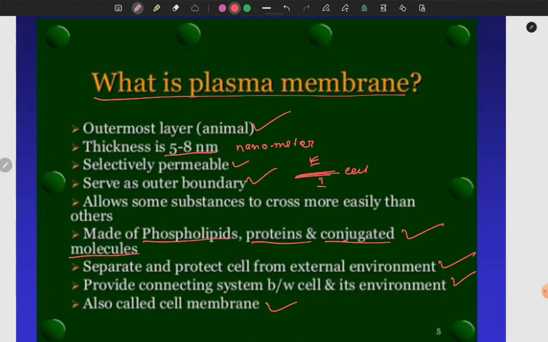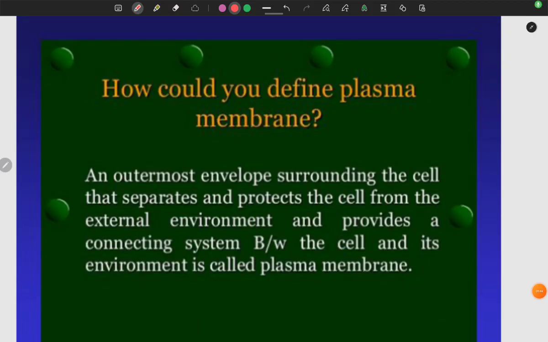Never get confused if they ask you to describe the plasma membrane. We will have to describe the cell membrane, then we will have to describe the plasma membrane. Lastly, we will learn the exact definition of the plasma membrane.